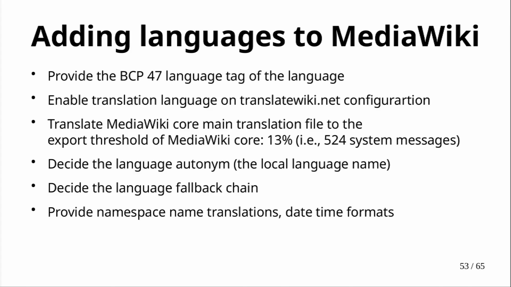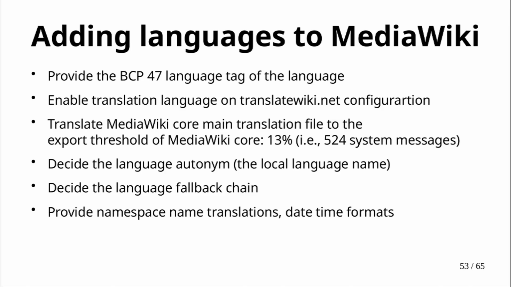Yeah. And then after enabling it on translatewiki.net, you need to translate the MediaWiki core main translation file, to export it, the 524 system messages of MediaWiki core, and it's still a big amount. Yeah, 14%. And you need to decide the language autonym, the local language name.